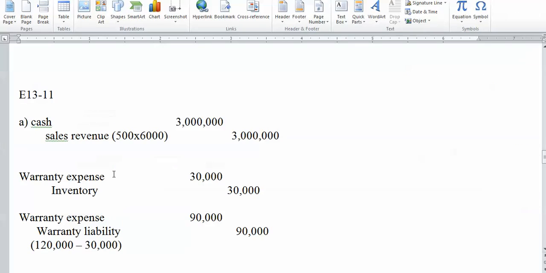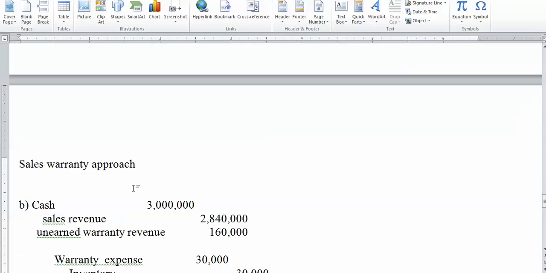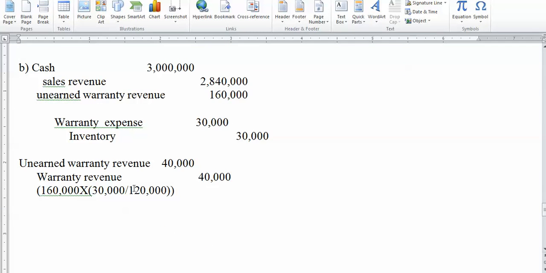With the sales warranty approach, the sales revenue coming in is not the whole $3 million, because 160 of it is the warranty. The warranty that we sold, we haven't earned yet, so it's an unearned revenue, which is a liability. So the cash is $3 million, $2,840,000 is the revenue from the sale, and the rest is an unearned revenue.